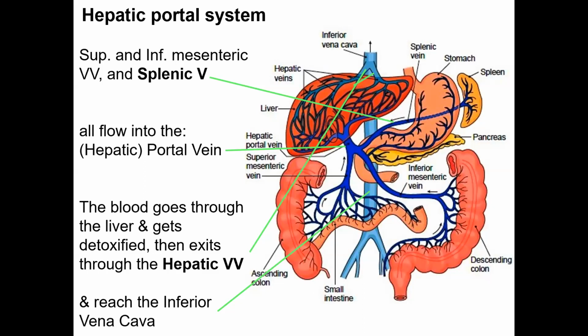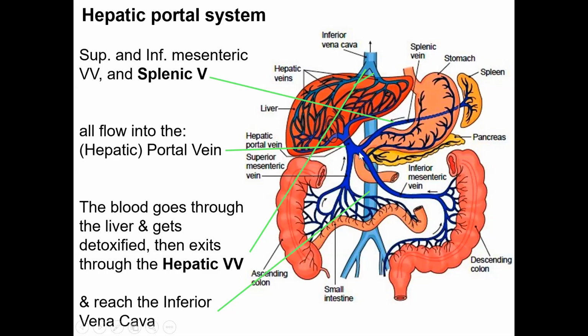And so we saw that with the hypothalamus and the pituitary, and we're seeing that here again with the liver and the intestinal structures. So blood that is carrying nutrients from all the food that we eat, that is absorbed in the stomach, absorbed in the intestines, is not taken directly back to the heart, but instead it goes to another organ, to the liver, okay, without incurring a capillary bed.